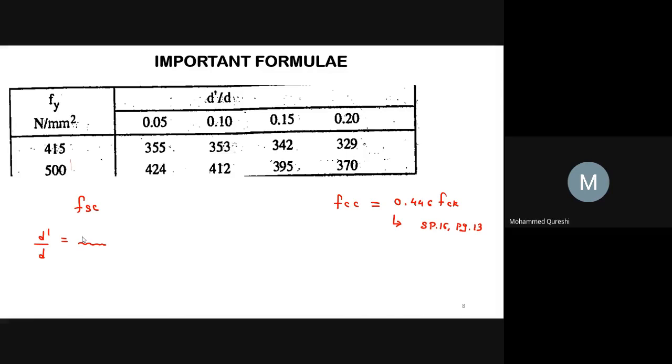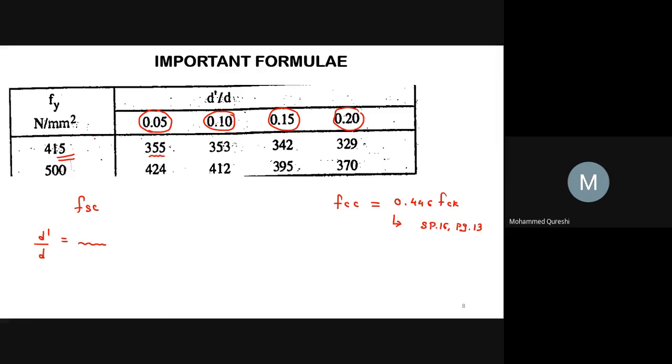So d dash by d value for 0.05, 0.10, 0.15 and 0.20, and depending upon the characteristic strength of steel, that is for Fe415 and for d dash by d equals to 0.05, we will get the value of Fsc accordingly.